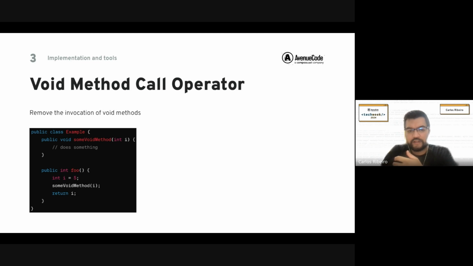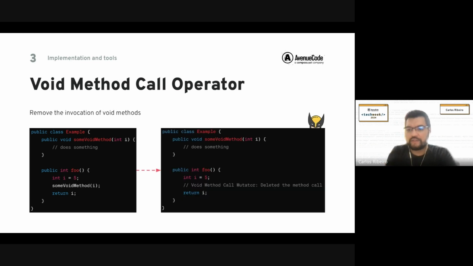If you just, for example, stop calling this method, your main method will continue to run from beginning to end, but something in the middle will stop happening. And this type of operator usually doesn't affect any test, because this is the point. It's very common for us, if you have some void method in the middle of our code, to forget to test that. You test the result of the method, you test the result of some operations.